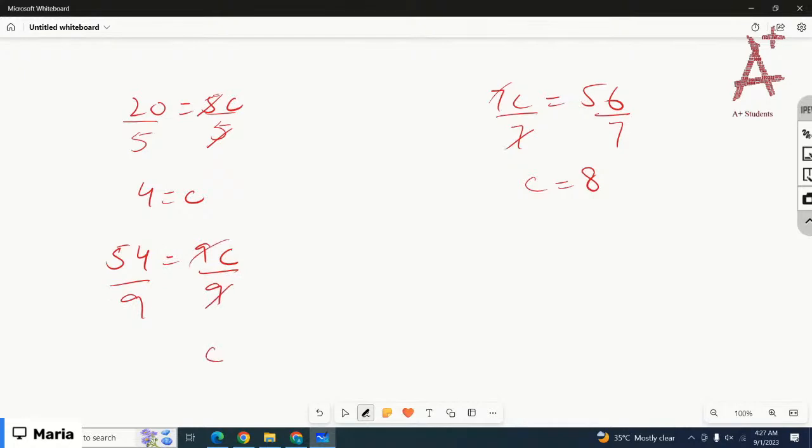You have to divide both sides by 9. So 9 times what number is 54? 9 times 6 is 54, so it is 6.